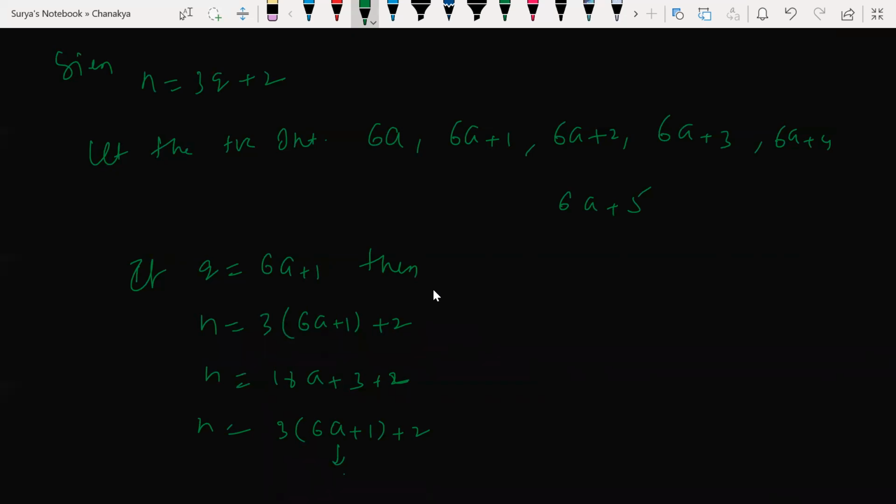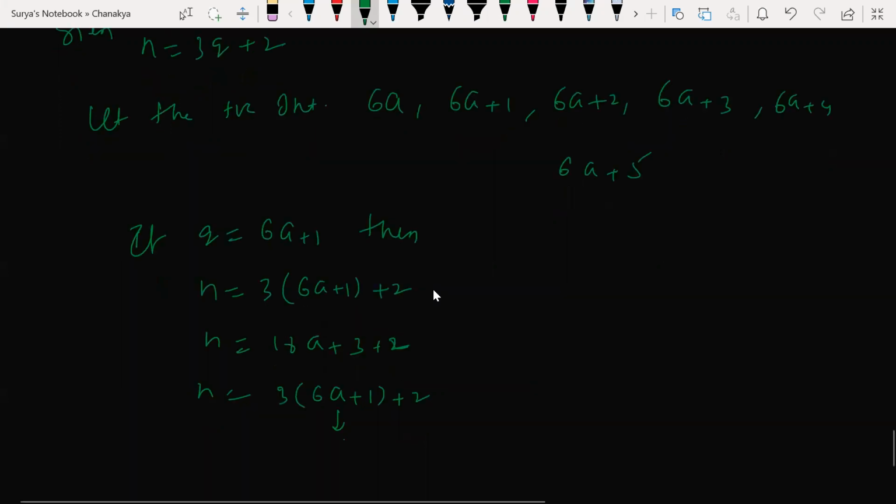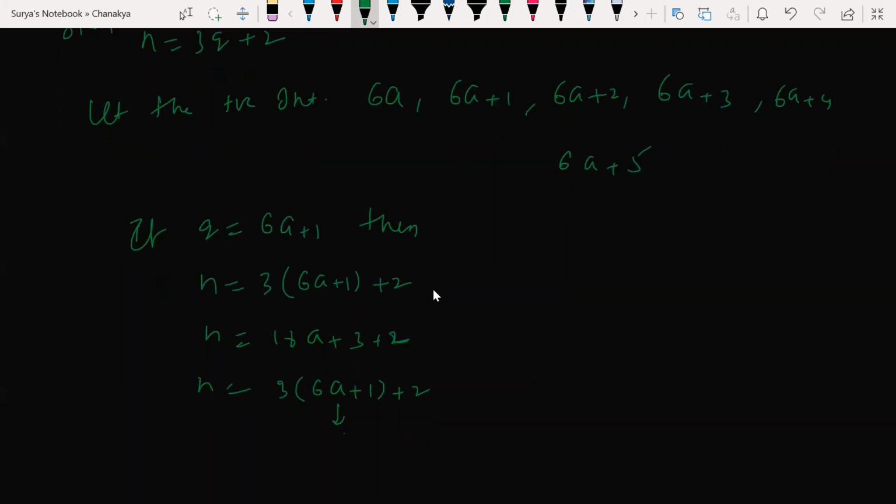Now, what does it become? 6a plus 1, you got. Now if I simplify this, what am I going to get, beta? N is equal to 18a plus 5. Let us write here 18a plus 5.